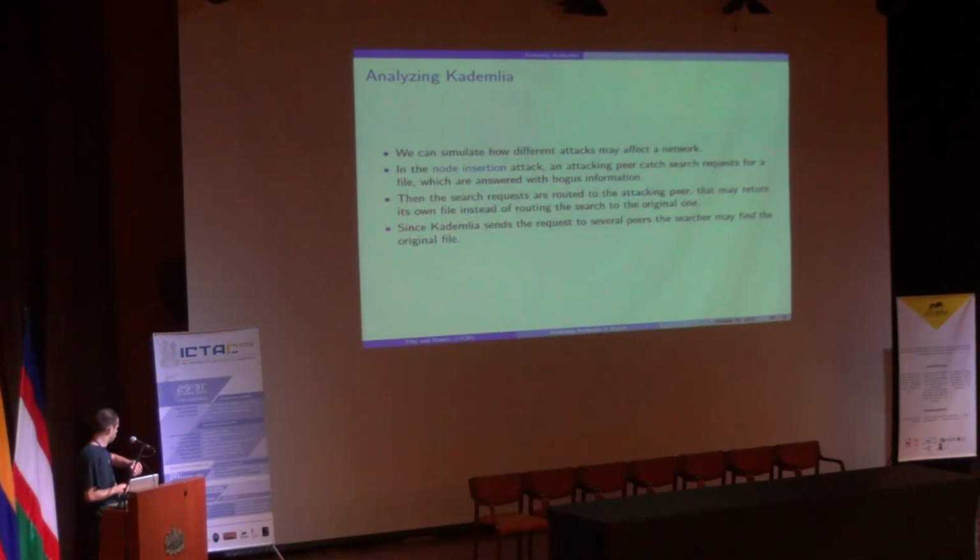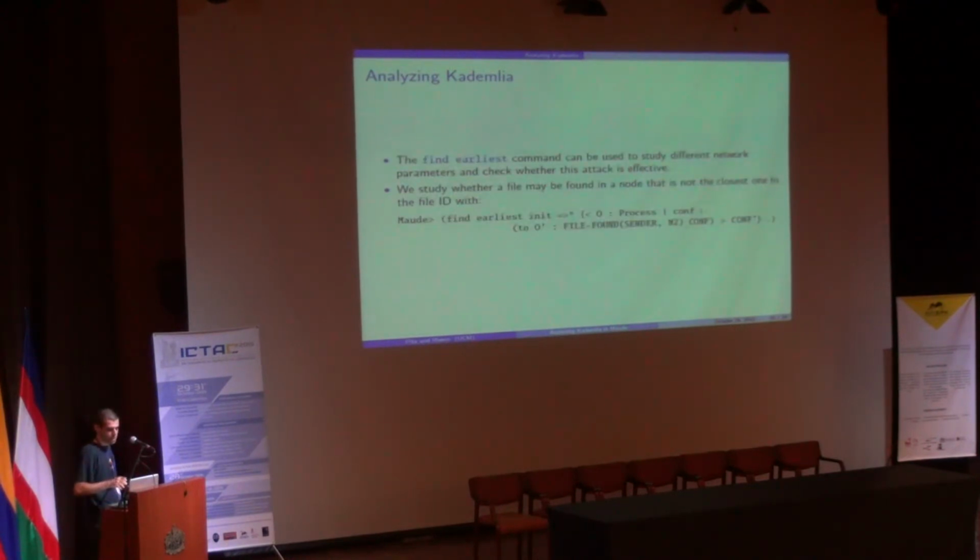So, for example, a known property is the node insertion attack, where a node pretends to have a file and it tries to fake the peer trying to reach this file. We can ask ourselves whether it is possible for this bogus peer to send us the information before the real peer sends us the information.